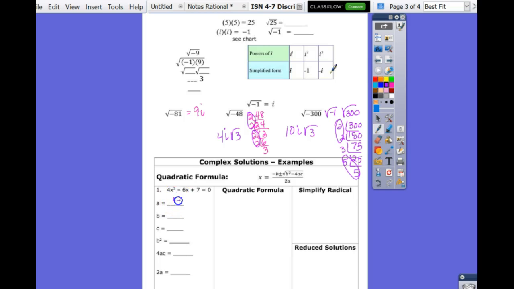So if I fill this in, my b squared is 36, 4 times a times c gives me 112, and 2a is 8.